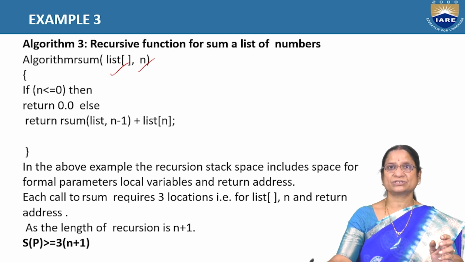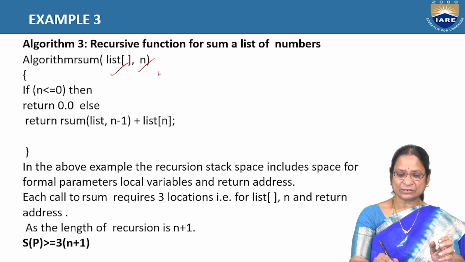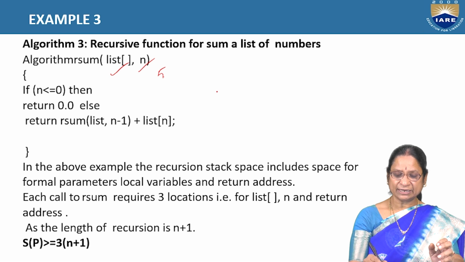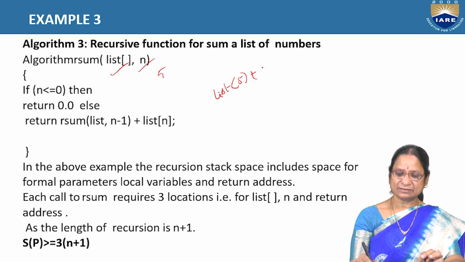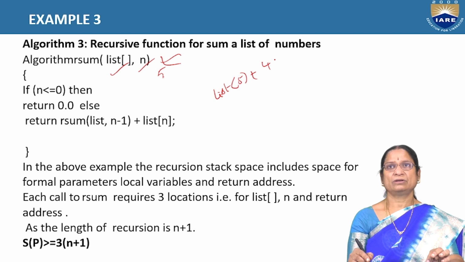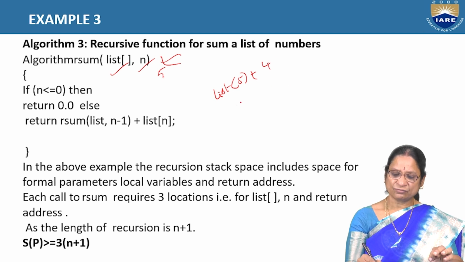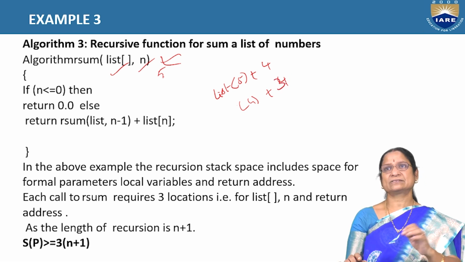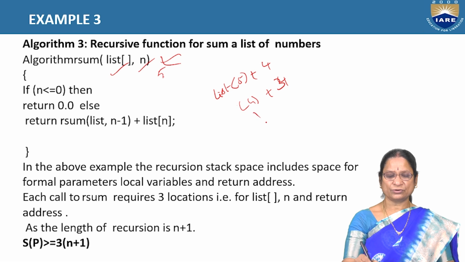It's a recursive function. For example, if n is equal to 5, then it will calculate list of 5 plus, with n minus 1, again it is calling for 4. Next, list of 4 plus calling for 3, that is list of 3 it is calling, and so on and so forth.